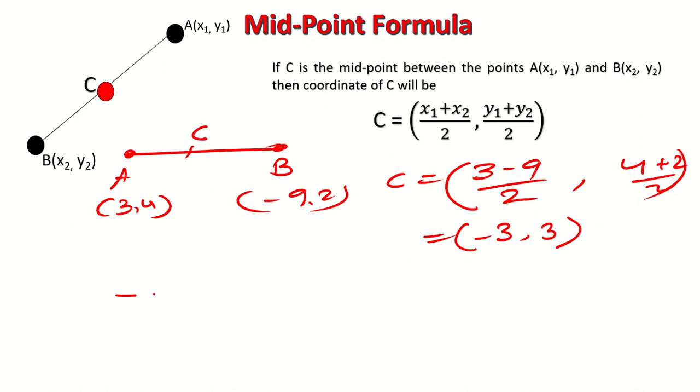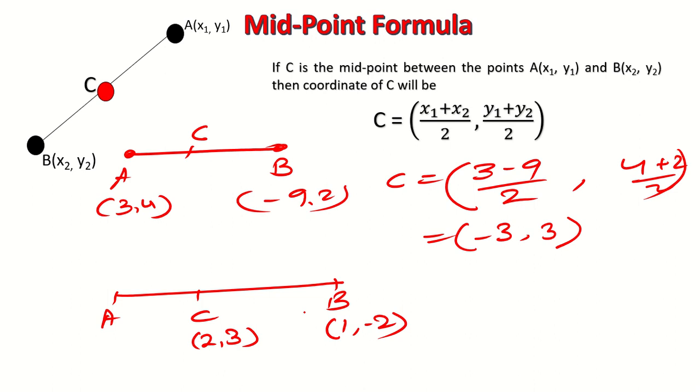Okay. Now another question can be that point A, point C, point B is given. The C coordinate is, for example, (2, 3) and the coordinate of B is (1, minus 2). The question can be: find the coordinate of A. This A is missing. So we are going to use the same formula, but in that case C is given. Here you will take A as x1, y1 to match your formula.